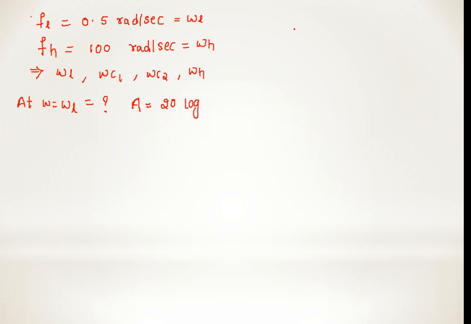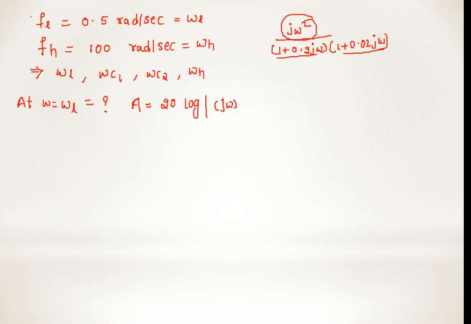The open loop transfer function in the given question is (j omega) square by (1 plus 0.2 j omega) and (1 plus 0.02 j omega). We have to consider only these terms in order to calculate the magnitude, and we have to neglect this one.